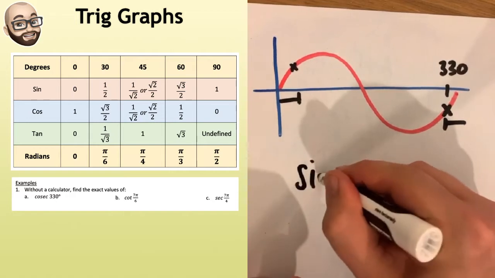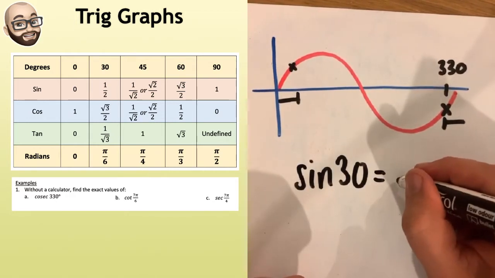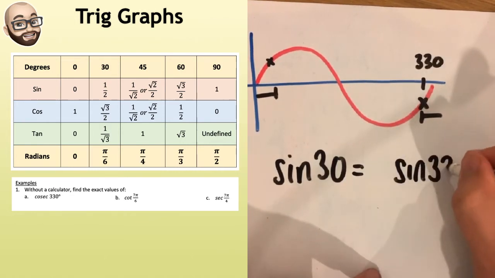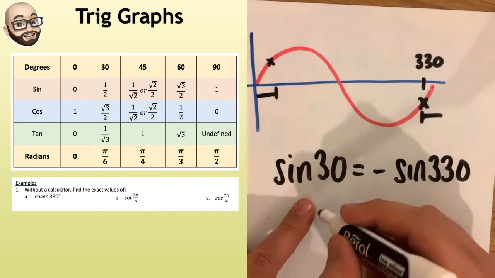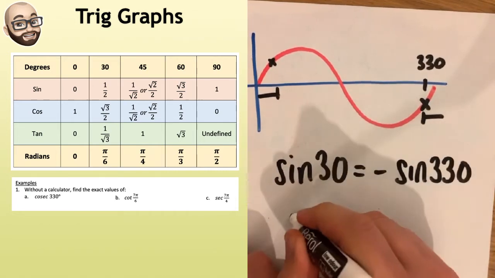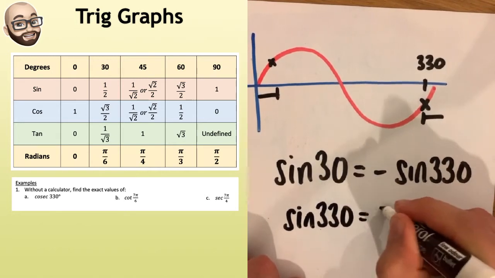So sine 330 is going to equal the negative of sine 30. Well, using the table on the left there, we can see that sine of 30 is a half. So if this is a half, this must be minus a half. So we know sine 330 is minus a half.